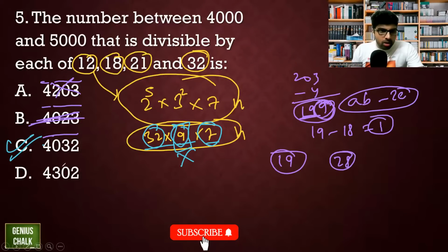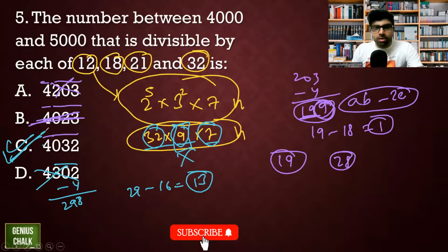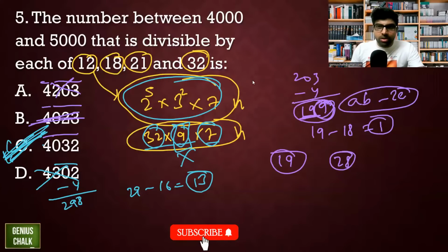If you check this, 302 minus 4, again, this is 298. 29 minus 16 is coming out to be 13. So this is also not divisible by 7. So just by the divisibility of 7, without solving this number completely, we are getting our answer. So this approach, divisibility, which we have studied in the number system, is very, very important.